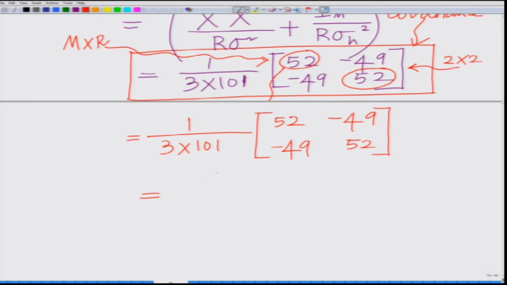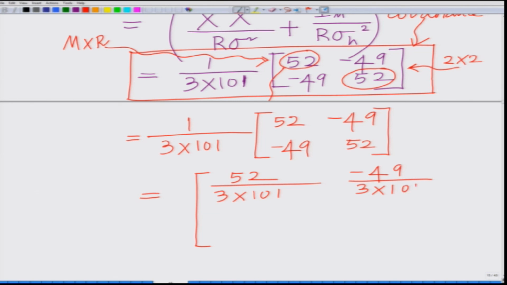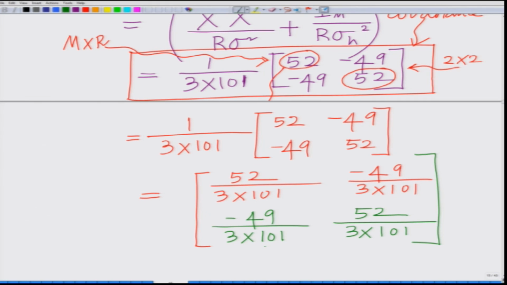Let me bring that factor inside: 52 divided by 3 into 1 cross 1, minus 49 divided by 3 into 1 cross 1, minus 49 divided by 3 into 1 cross 1, 52 divided by 3 into 1 cross 1.